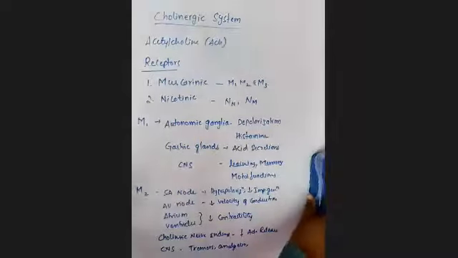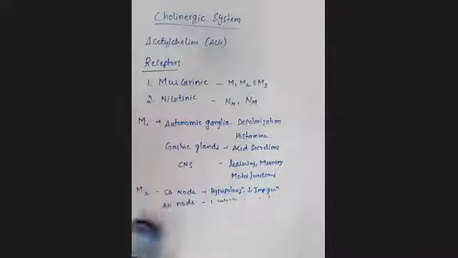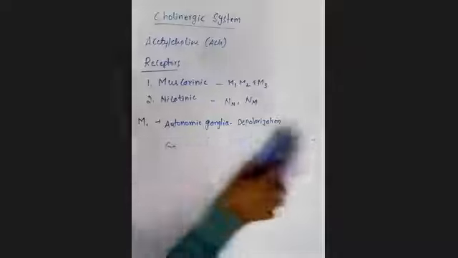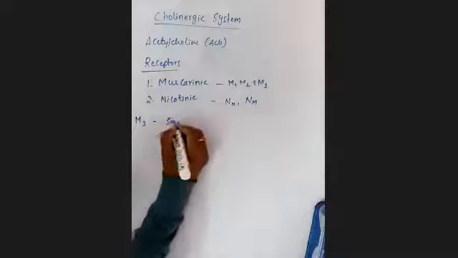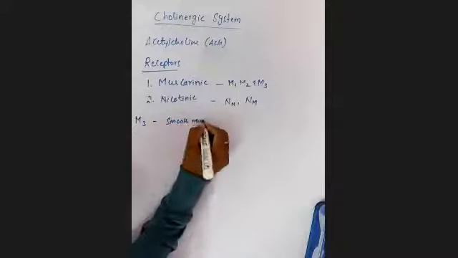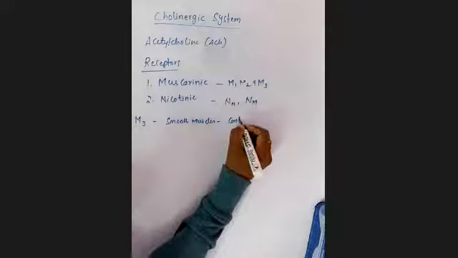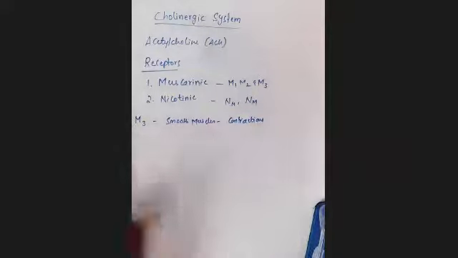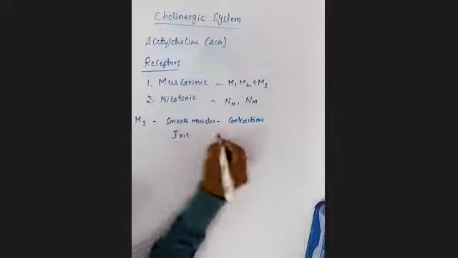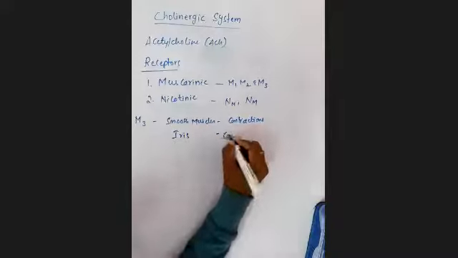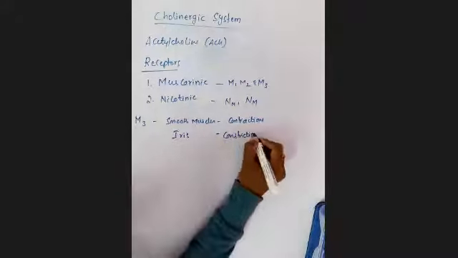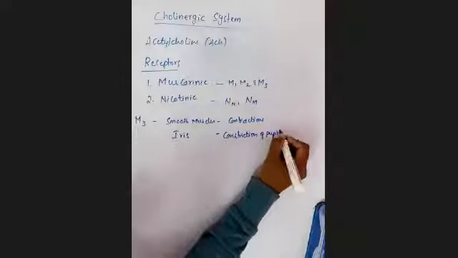Next we'll see about the M3 receptors, where they are present. M3 is also present in visceral smooth muscles, which also leads to contractions of these muscles.